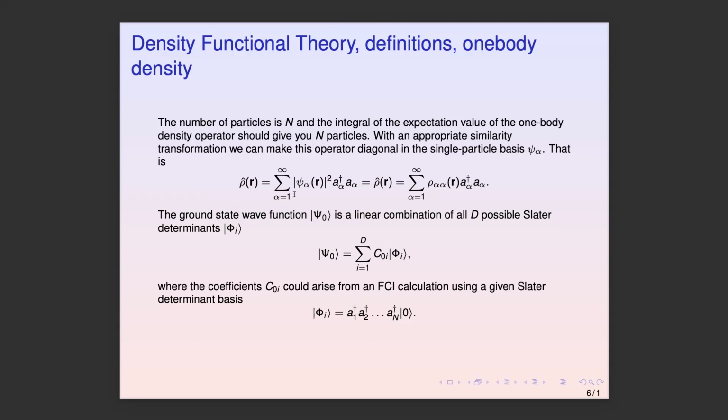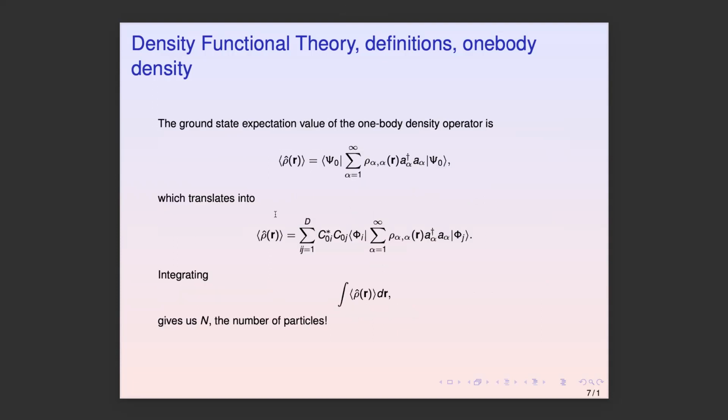Then, if you take the expectation value with a given Slater determinant for this specific operator, if you take the ground state, for instance, that should give you the number of particles. So if I look at this quantity here, this is the same now. And when I take this chain of Slater determinants, it's now going to be given by these coefficients. And if I have only one, this just reduces to one.